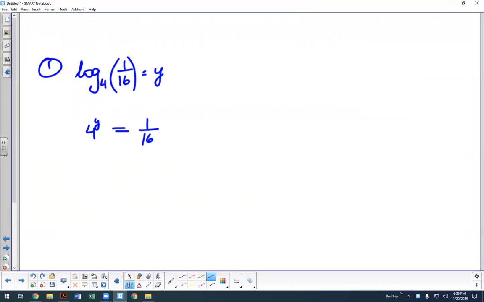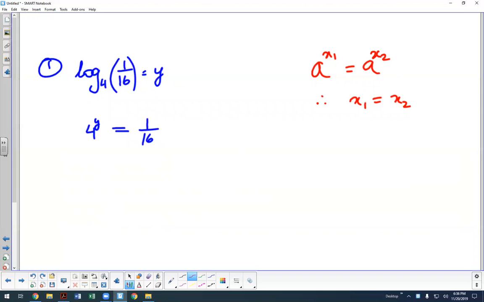Now, back in section 4.1, we had talked about the one-to-one property of exponential functions. And just to remind you what that property was, we said as long as our bases are the same, we can say x1 is equal to x2.